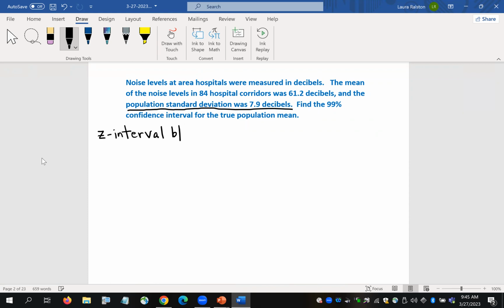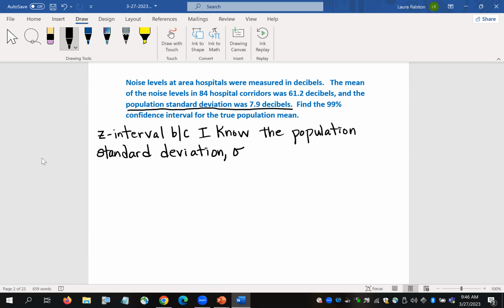Okay, so we do a Z interval because I know the population standard deviation. Now I realize at this particular point that that's really the only one that we've talked about. But by the end of today, we will have talked about 3 different confidence intervals.